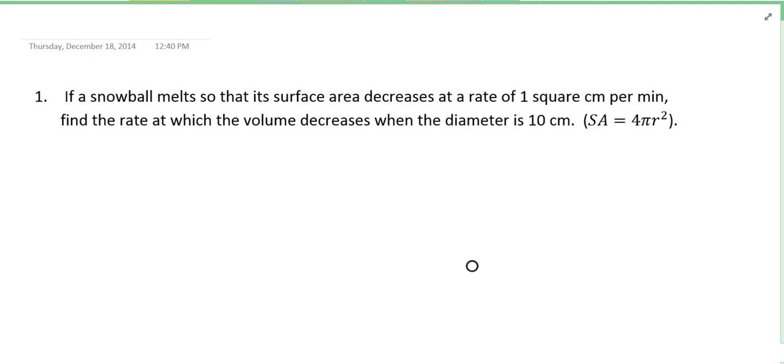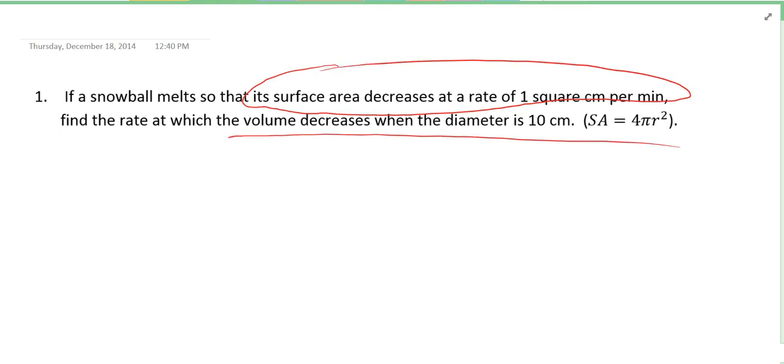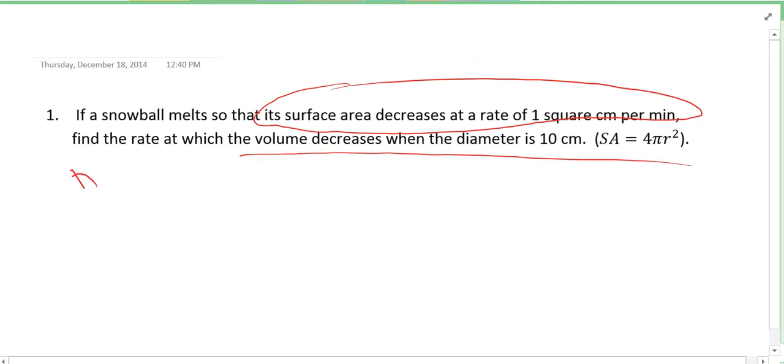Again, in this question, we're giving you the rate of change of surface area and asking for the rate of change of volume. The link between them is going to be the radius. Since I know how fast the surface area is changing, we can write out the formula as 4 pi r squared.